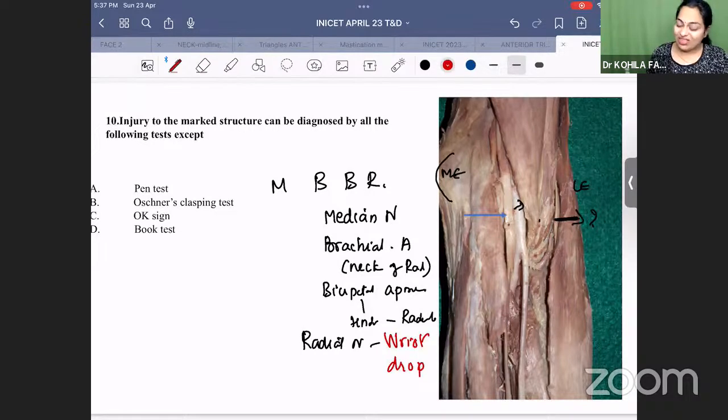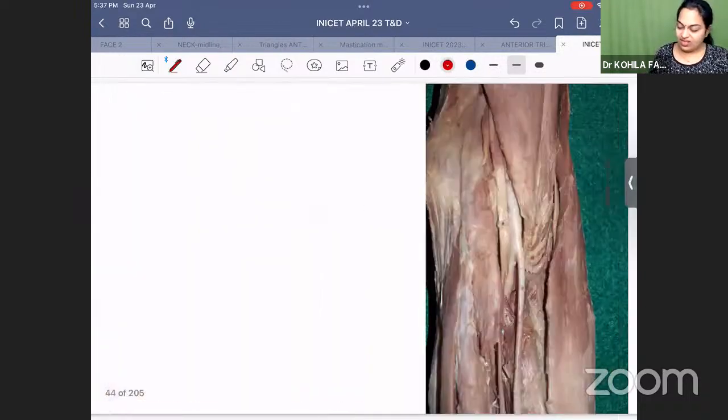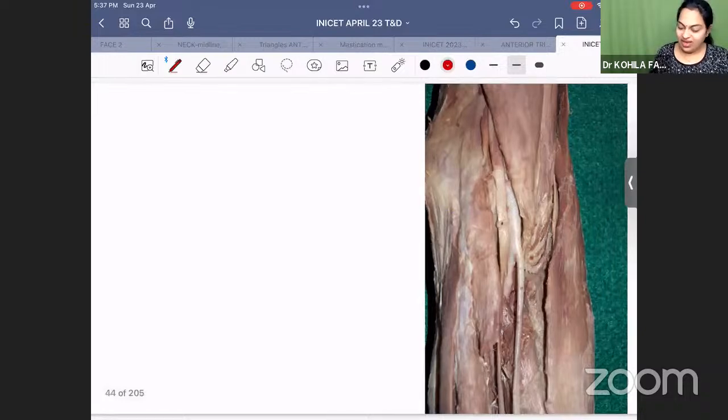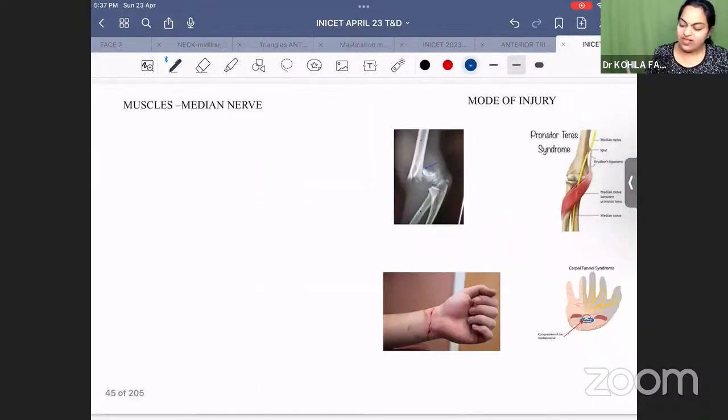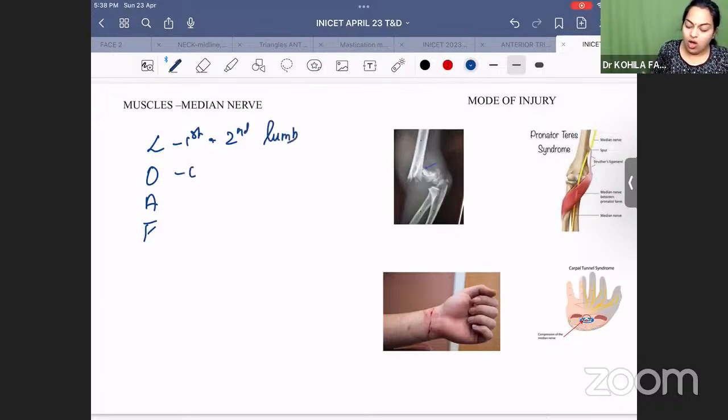Now, what happens when there's injury to the median nerve, the one that's pointed out? Very good. So, what are the muscles supplied by the median nerve? The first and the second lumbrical, opponens pollicis, the thenar muscles, right? Abductor pollicis brevis, flexor pollicis brevis.